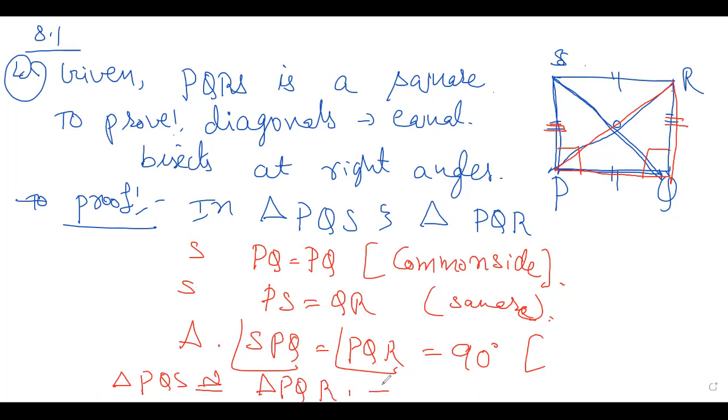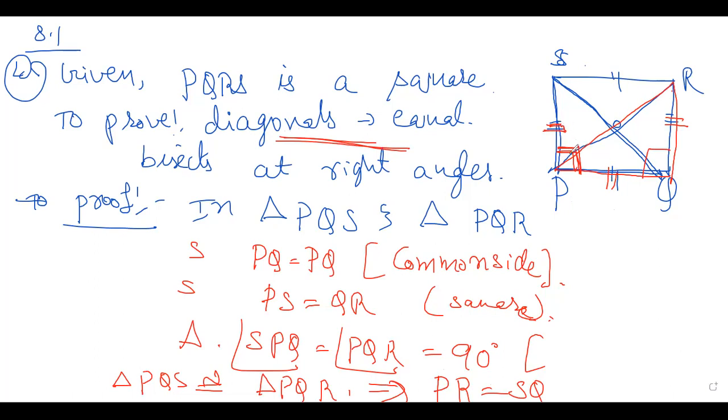So by CPCT, what can you say? Look here, two sides are equal and this angle is equal, we have proved. Then can you write PR is equal to SQ? See, we can write PR is equal to SQ. Diagonals are equal. That is what we are proving, right? We have to prove diagonals are equal. So by CPCT directly you can write PR is equal to SQ because we have proved three things are equal.